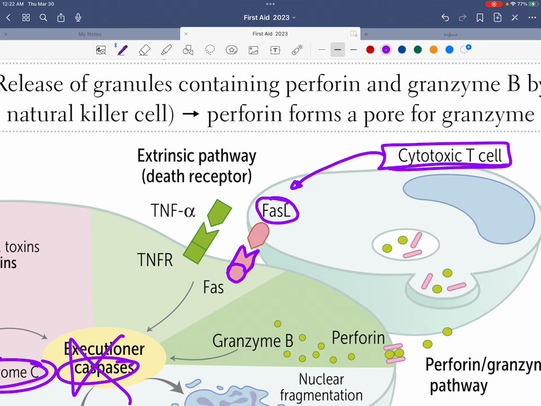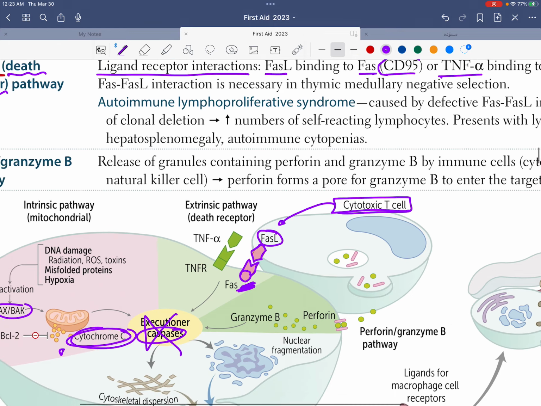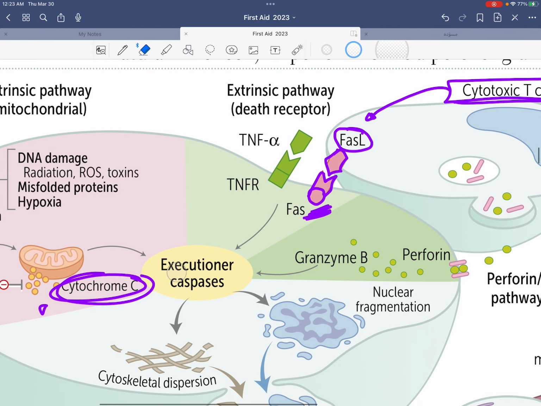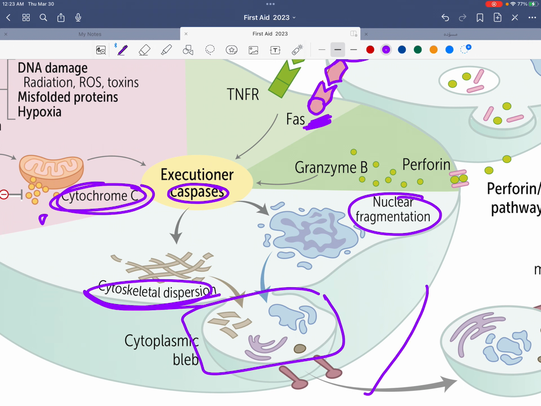So they send their ligand to attach to the receptor on the cell that we are willing to kill, and that would lead to the activation of caspases. And we know what caspases do: they cause cytoskeleton disruption, nuclear fragmentation, and cytoplasmic blebbing, and the cell undergoes death.